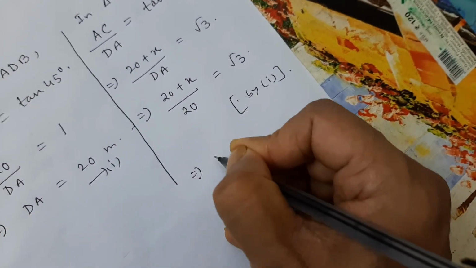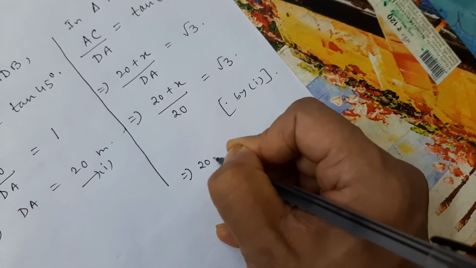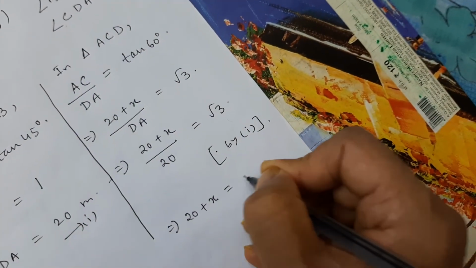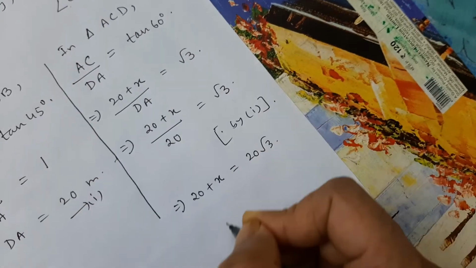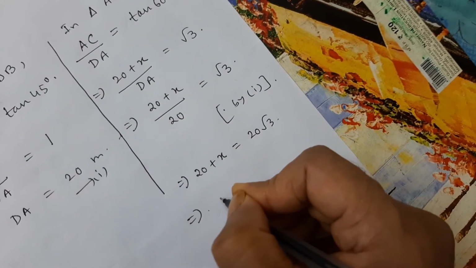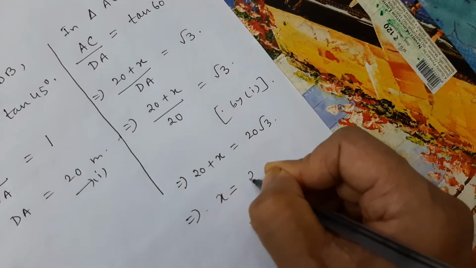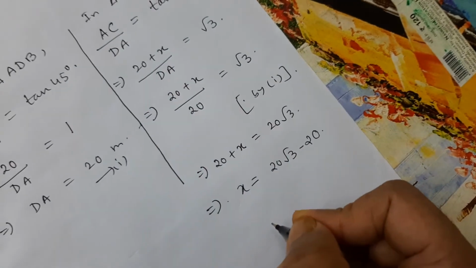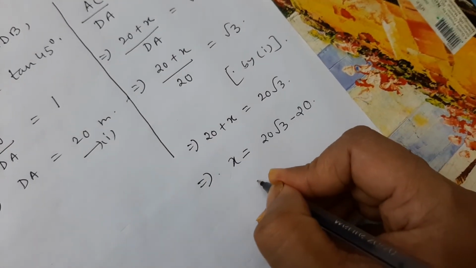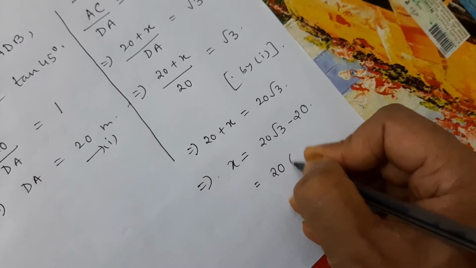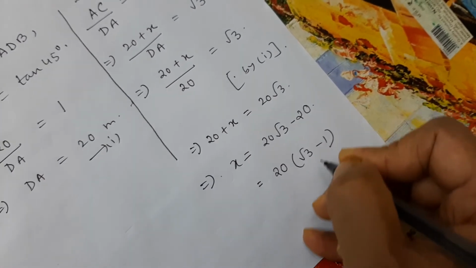So by cross multiply, 20 plus X equal to 20 root 3. So X equal to 20 root 3 minus 20. 20 is common, so 20 times root 3 minus 1.